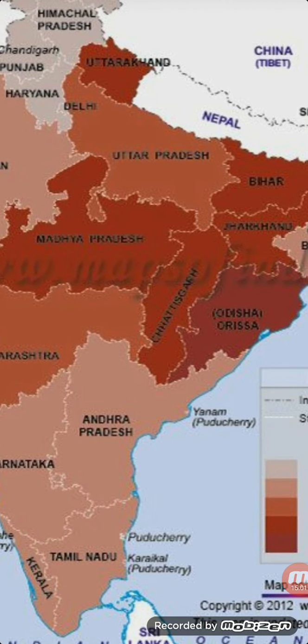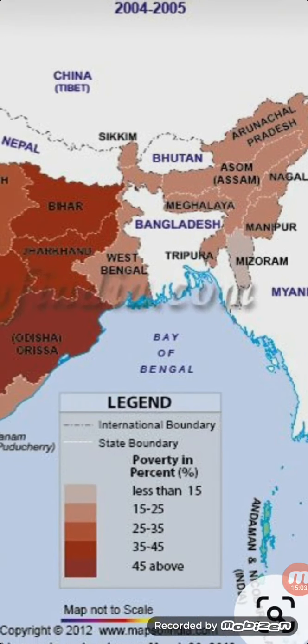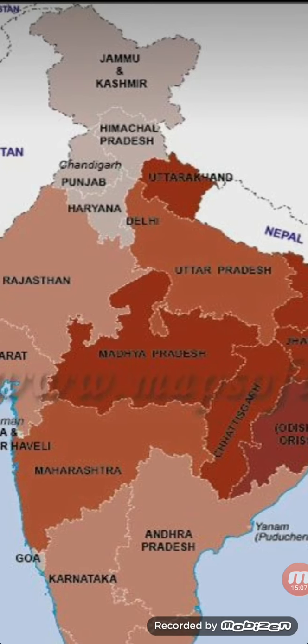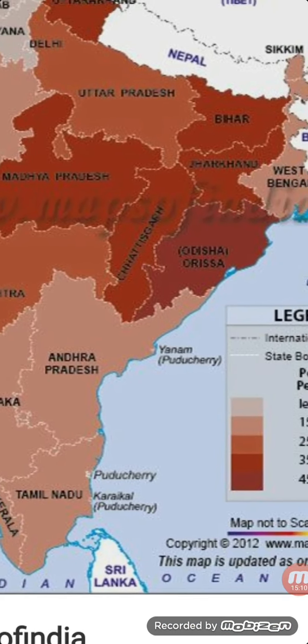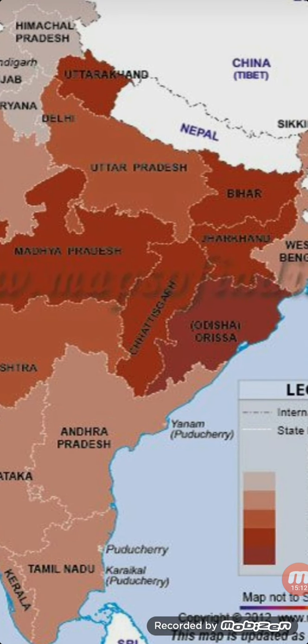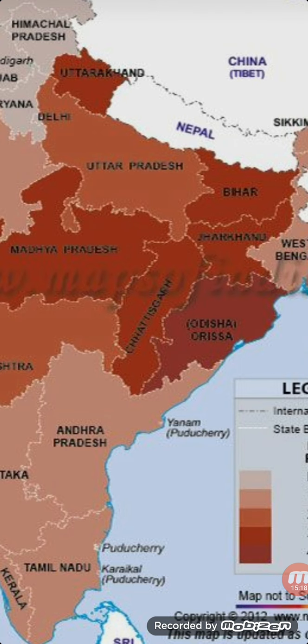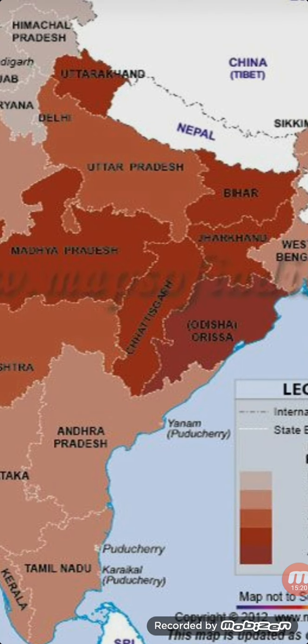So this is the poverty map. As you can see, Bihar, Jharkhand, Odisha, Chhattisgarh, Uttarakhand and Madhya Pradesh are to be termed as such, as almost 50% of the people live below the poverty line and don't even earn the amount which is below 200 rupees.